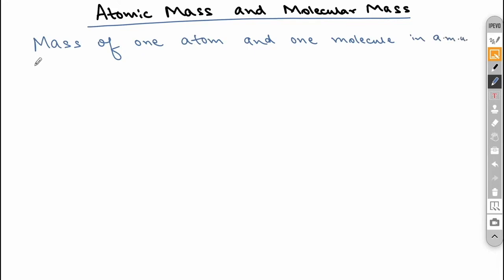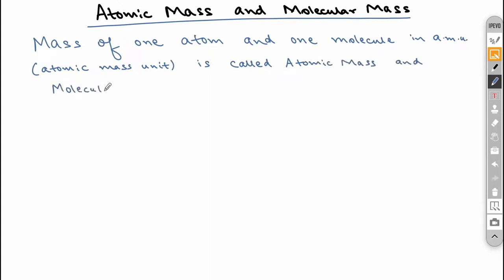So mass of one atom and one molecule in AMU is called atomic mass and molecular mass respectively. Now we'll discuss an example so you better understand this definition.